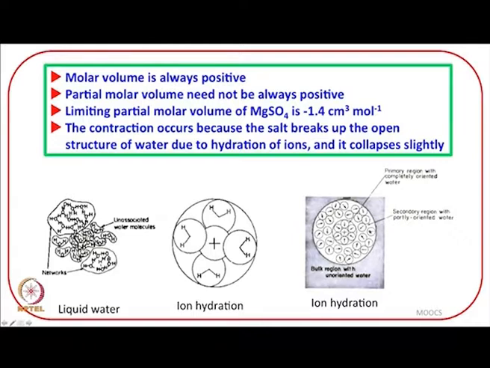The details you will study in another course, but due to ion hydration, the water molecules are structured or oriented around the central ion, and it leads to partial breakdown of the structure of water, because these water molecules come out of the regular tetrahedral network. As a result of this breakdown of structure of water, the volume decreases and the partial molar volume is negative.